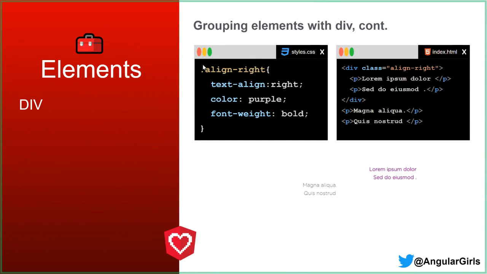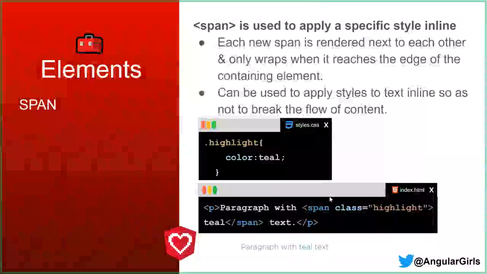I made a CSS definition align right with some CSS definitions. We come later to how this is structured. With this, I just aligned it to the right, made the color purple and the font weight bold. And in another case, when I don't use this class, it's just shown differently. And the span is this inline thing I showed you already.